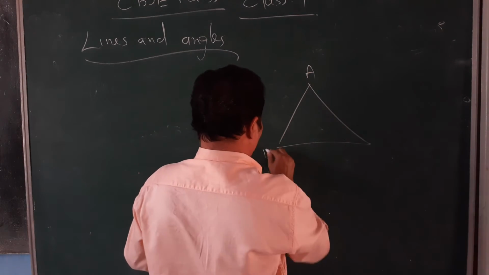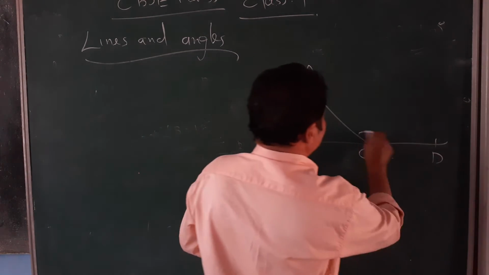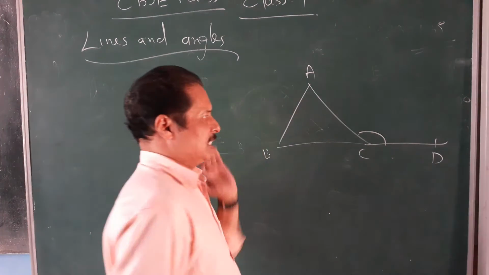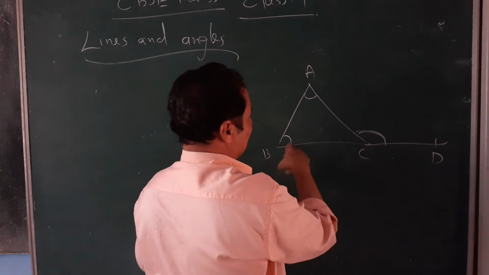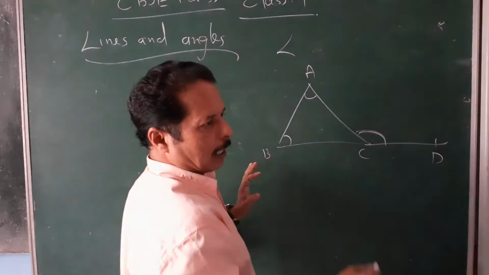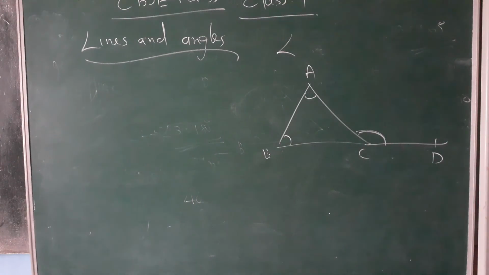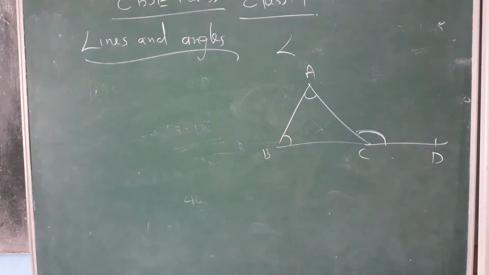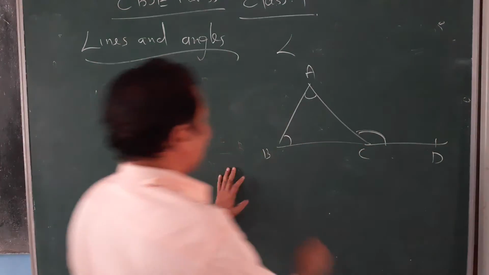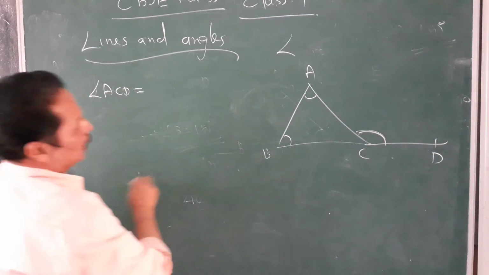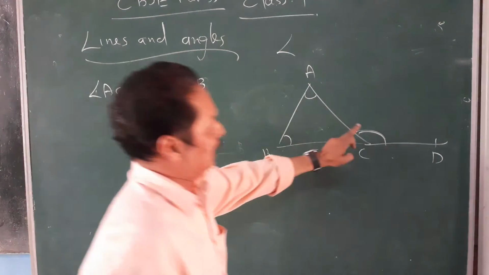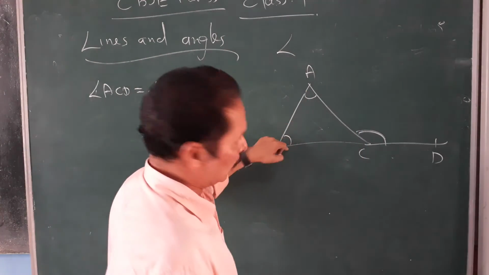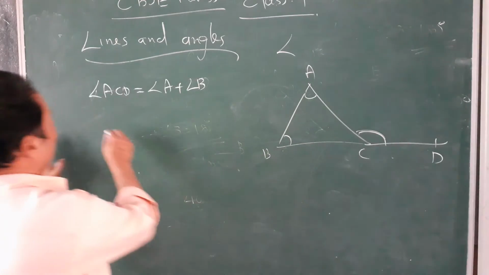Now this is the given figure, and here is the exterior angle at the vertex C. We want to prove angle ACD equals the interior opposite angles A and B, that is, angle ACD equals angle A plus angle B. We want to prove the exterior angle is equal to the sum of the interior opposite angles. Are you ready?